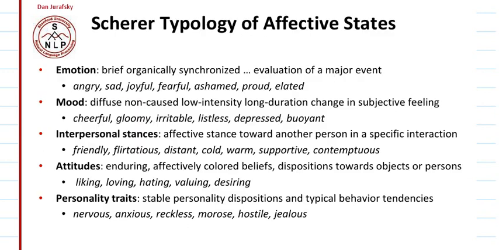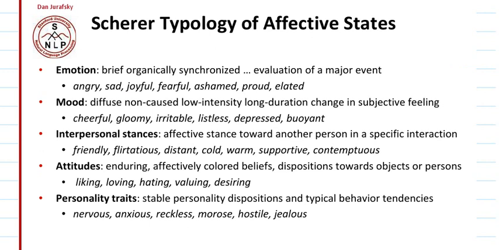Actually, Scherer defined what sentiments are. According to him, sentiments are categorized into different things. Sentiment may be an emotion, a mood, some kind of interpersonal stance, or a personality trait.